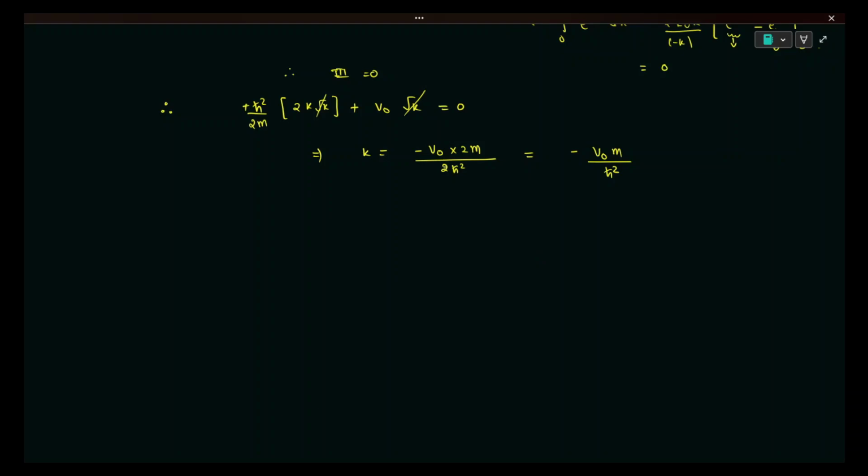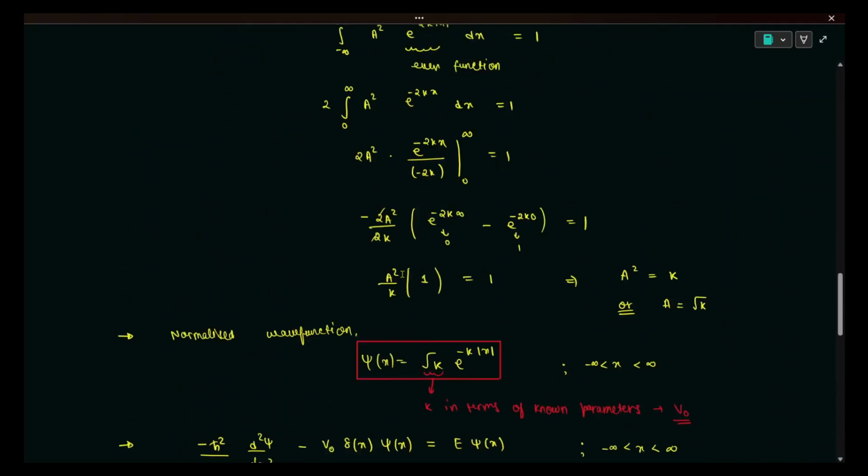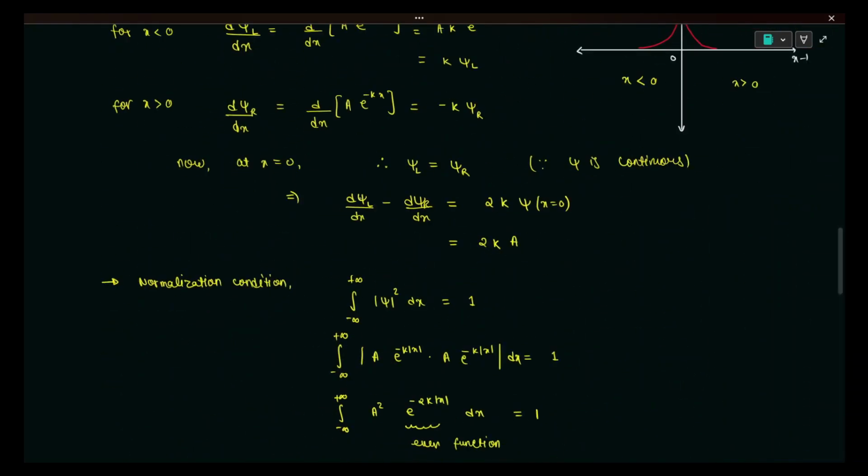Here actually I made a mistake. In this case, this discontinuity is from d psi divided by dx. So basically what I need is at plus epsilon minus d psi at minus epsilon by dx. So what I need, and this is a negative of this value, so that will be negative 2ka.